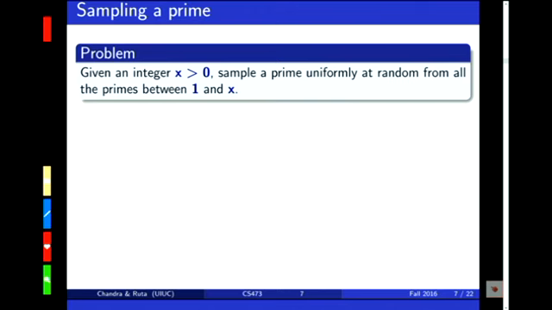I'm telling you x, say 2 to the 64, and I want to sample a prime uniformly at random. There might be a lot of primes between 1 and 2 to the 64. I want to sample one of them uniformly at random. How do I do that? So the question is clear?